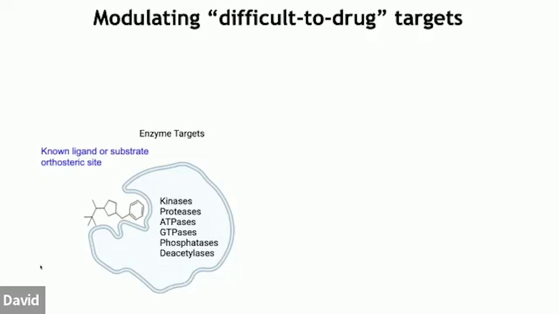These are all enzymes that have a defined activity. What is excluded are even the enzymes that have other functions that drive disease, or proteins that don't have this defined enzymatic activity. So how do we target those? Those remain part of the undruggable proteome, and there are quite a few of those.